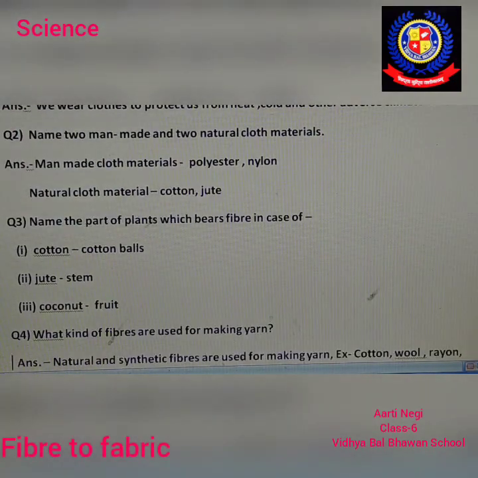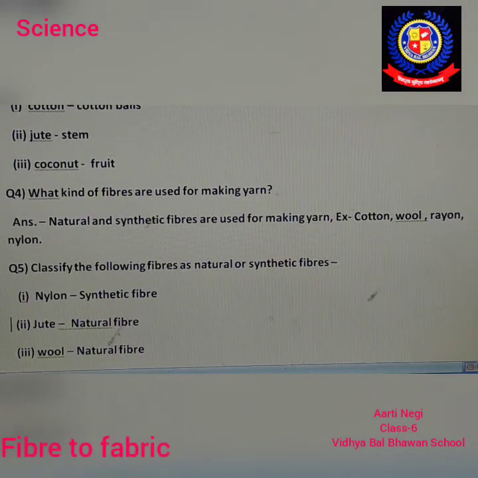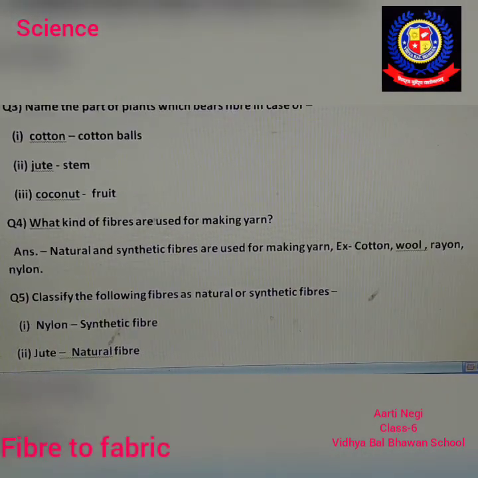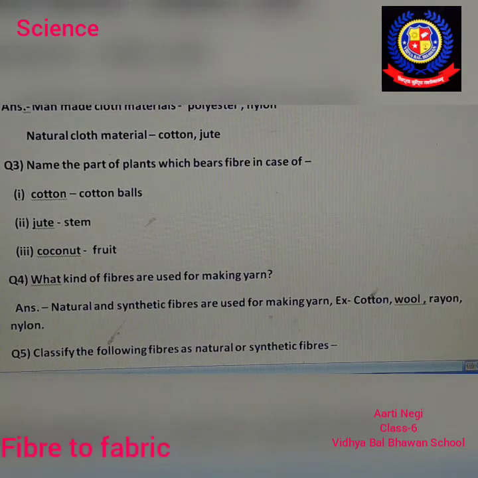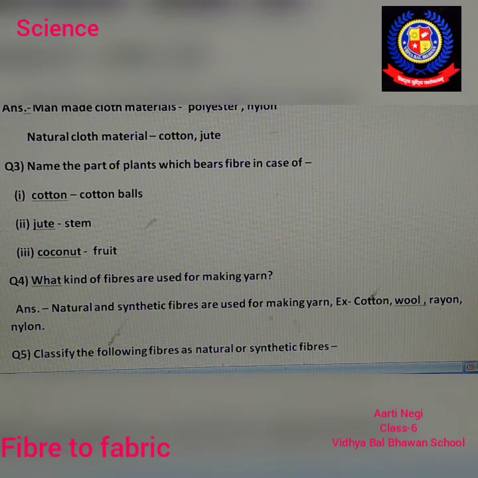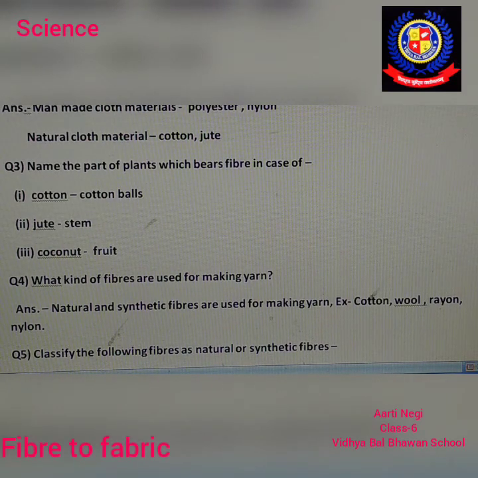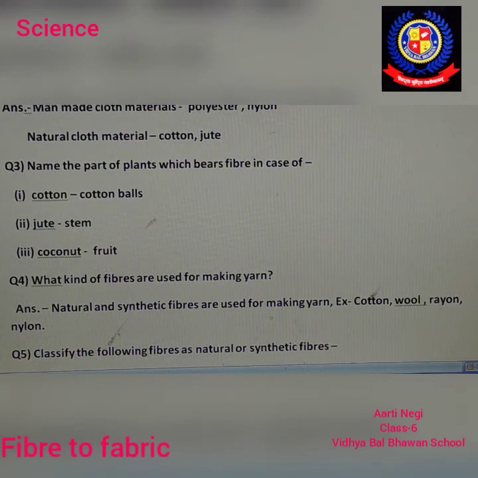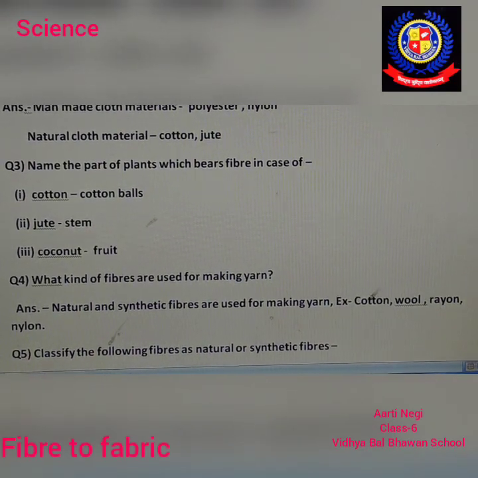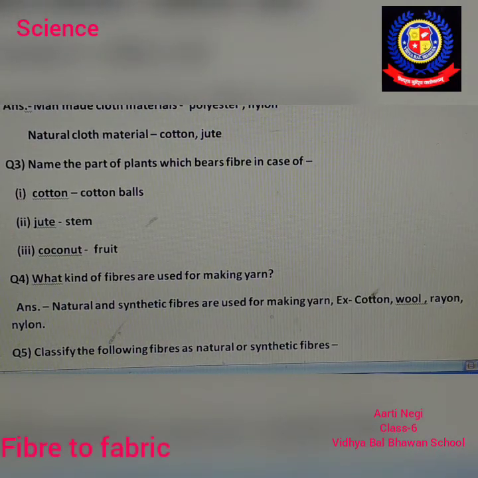Question number 3 here is, name the part of plants which bears fibers in case of cotton, jute and coconut. Here too many options are there and you have to write down the name of the part of the plant. The first one is cotton.